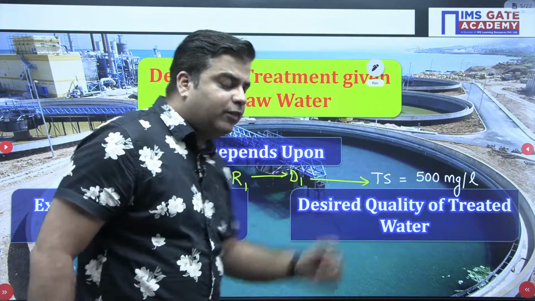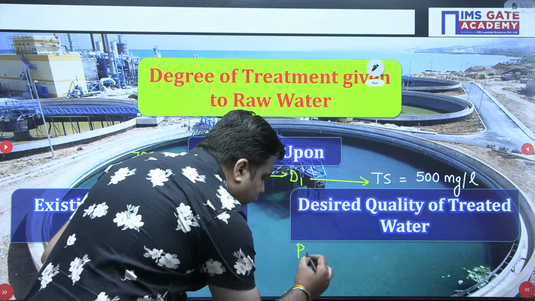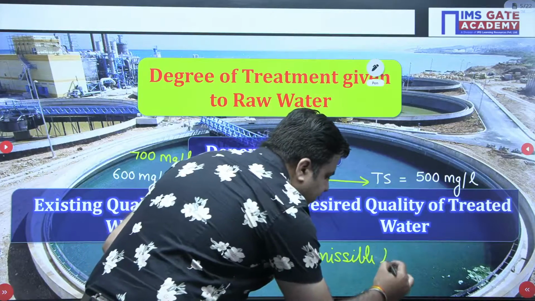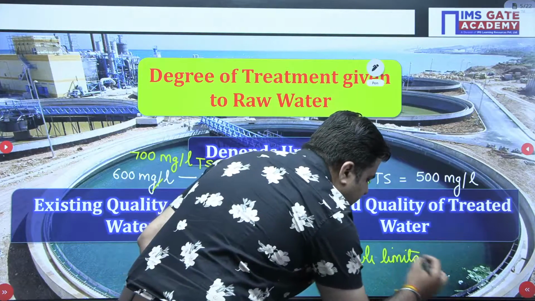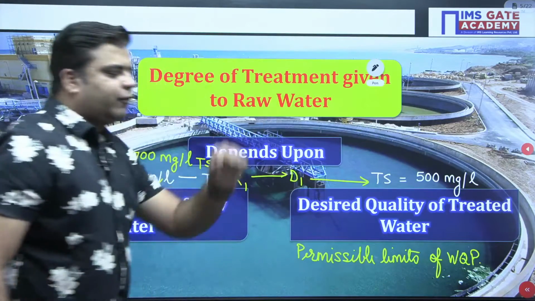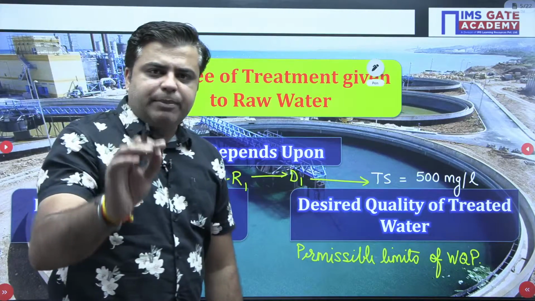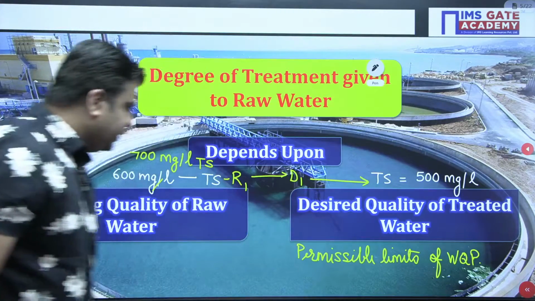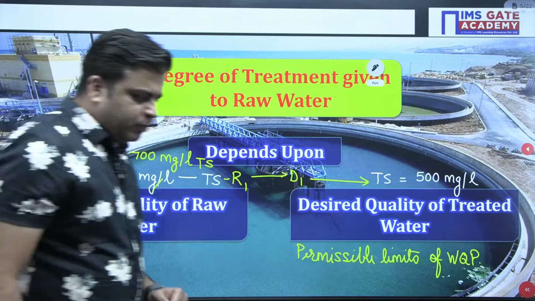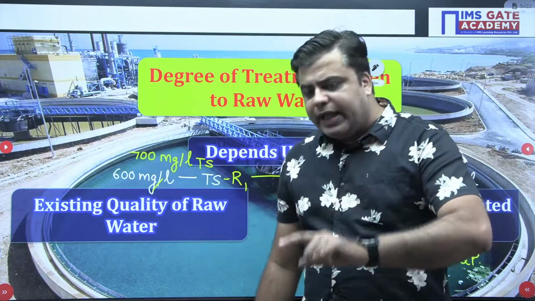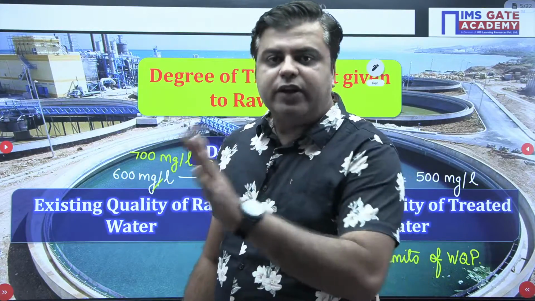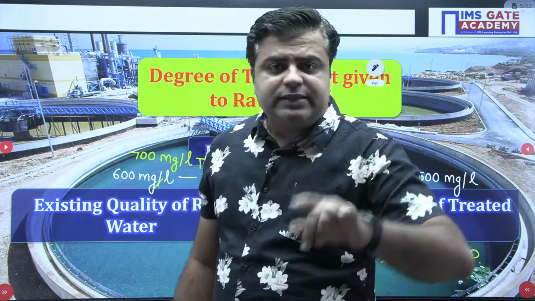Desired quality of the treated water means permissible limits of water quality parameters, and this we can very easily figure out, while the existing quality is the quality of the raw water. So the degree of treatment given to any raw water depends upon two factors. First one is the existing quality of raw water, and second one is the desired quality of the treated water.